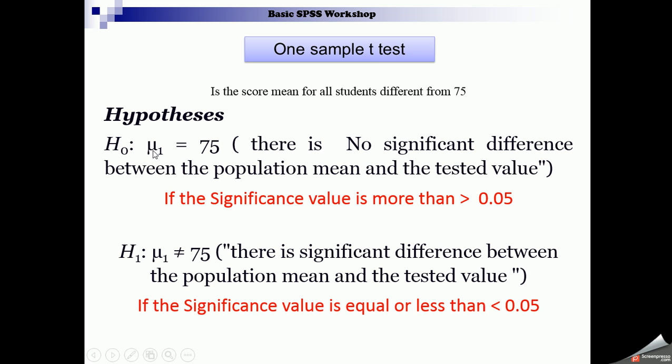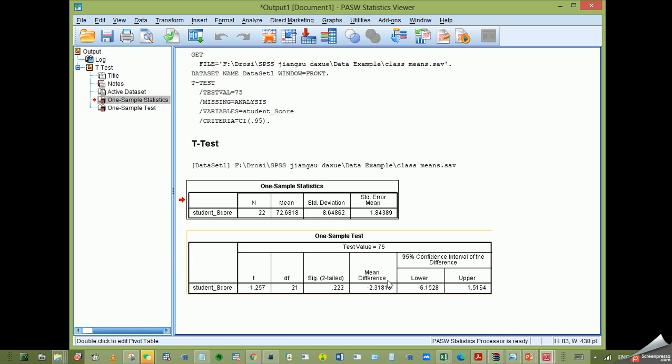What is the population mean that we had? We don't know, but we know the sample mean. The sample mean, as we saw in the previous video, was 73, and we can see the mean difference between 75 and the sample mean is minus 2.3.